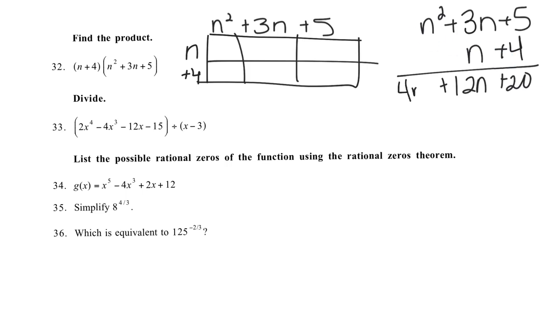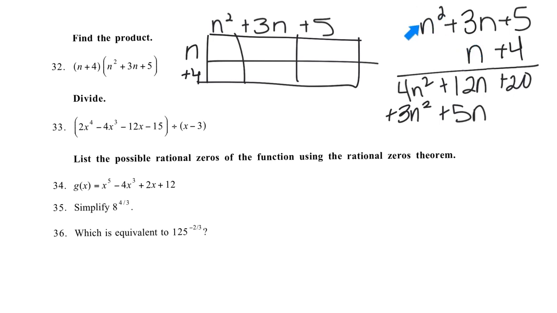is 4n squared. Then I leave a space, just like you would before, and we multiply the n times 5. So 5n, making sure to line up my like terms. Then I get n times 3n. That gives me 3n squared, positive again.